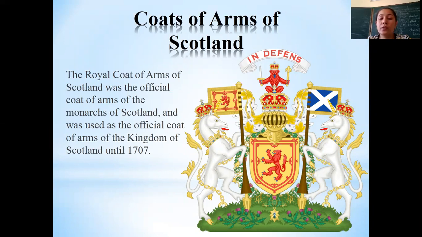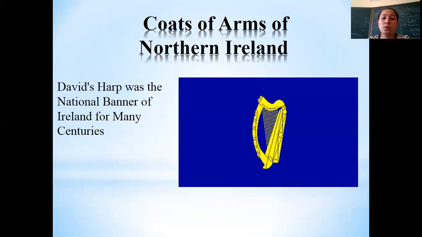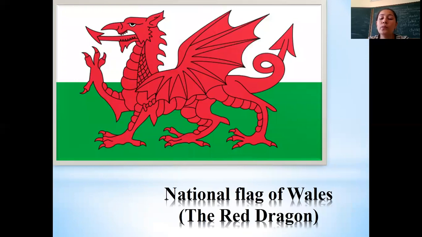And here, dear students, you can easily see the picture of it. The last one is Northern Ireland's coat of arms. David's harp, as it was called, was the national banner of Ireland for many centuries till nowadays.